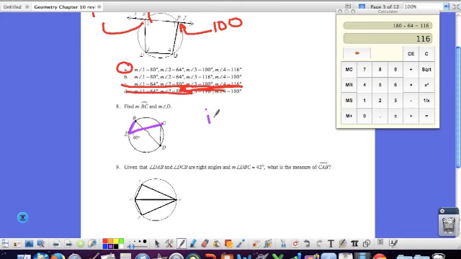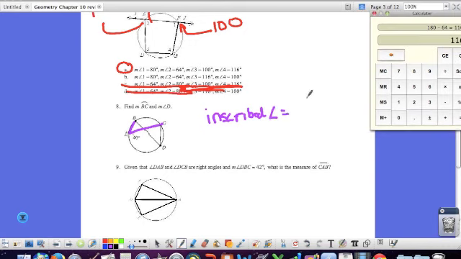Remember, if you have an inscribed angle, it's equal to 1/2 the arc. Or the arc is equal to 2 times the inscribed angle. So the arc is 80 degrees.